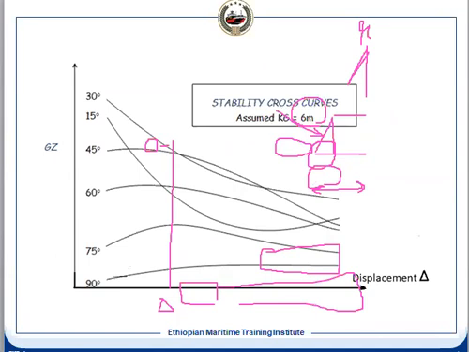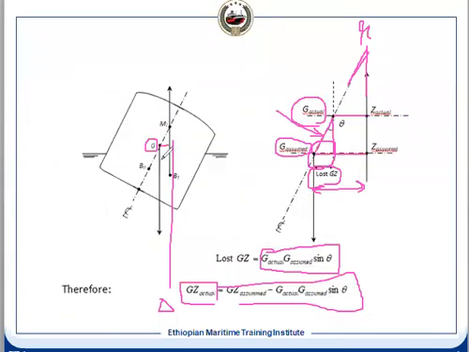Then how will you make the correction? From here, we can find out at 6 meter KG what is the GZ at that particular displacement. This is the assumed G. Now actual G, for example, has shifted upward. It means actual G is here, not here. But the data we get from the cross stability curve will give this distance.